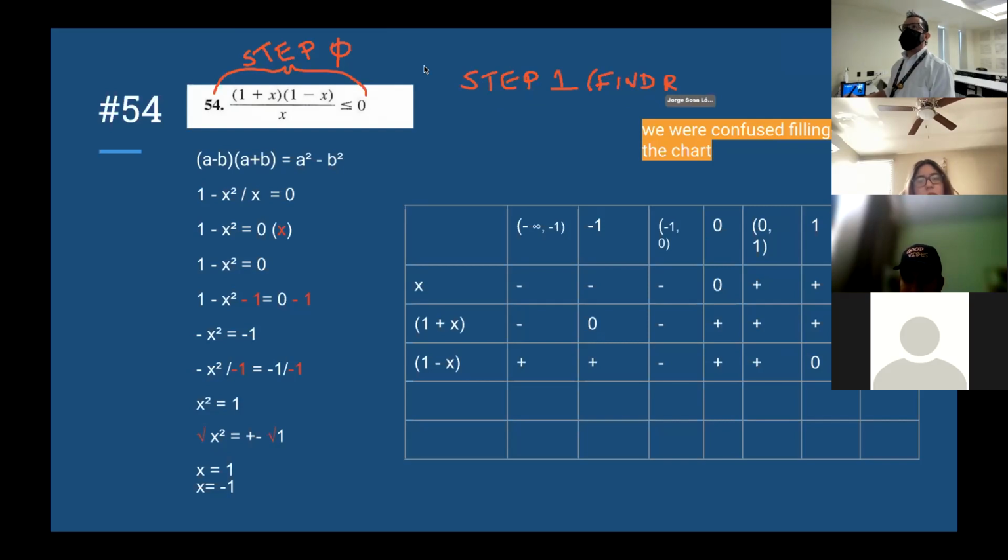The roots are going to be the values that make the inequality 0. I'm moving around my screen here so it doesn't block me while I'm writing. The roots are the values that make the mathematical expression 0. Are we okay up to this point, Anna, and the rest of your house? Yes?